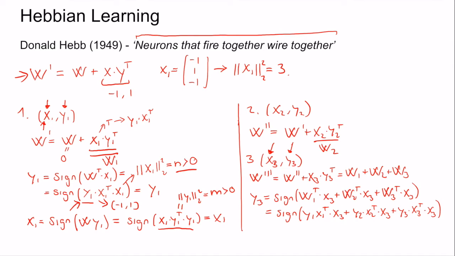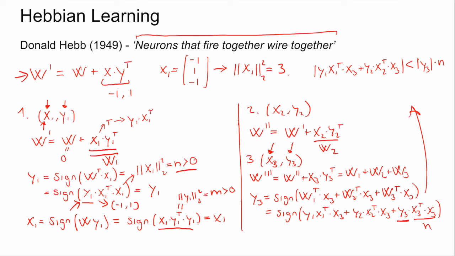Okay, and essentially we want to get the sign of this, right? That means, let me just write this here, that we need the absolute value of y1 x1 transpose times x3 plus y2 times x2 transpose times x3 to be smaller than y3 times n. I write n because this is the 2 norm.